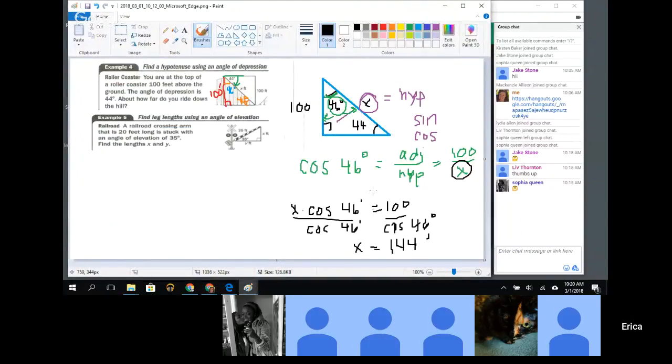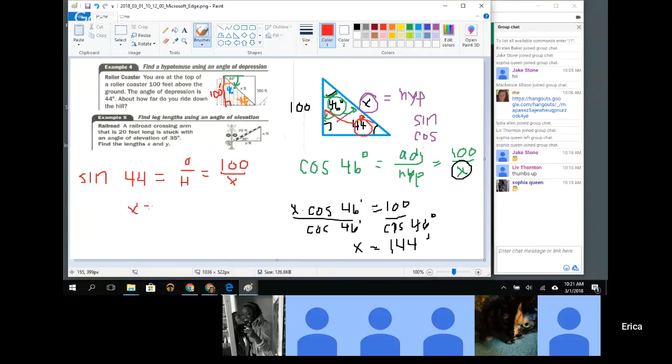What if, instead of using 46 degrees, you said, no, I want to use 44 degrees because I like that better? Then I need to think about my problem, because if I'm using 44 degrees, 100 is my opposite side and x is my hypotenuse. So the sine of 44 degrees equals the opposite over the hypotenuse, which is 100 over x.